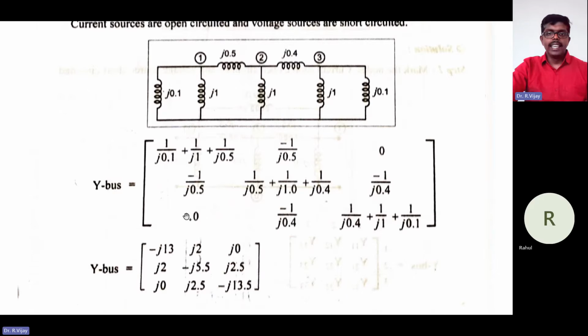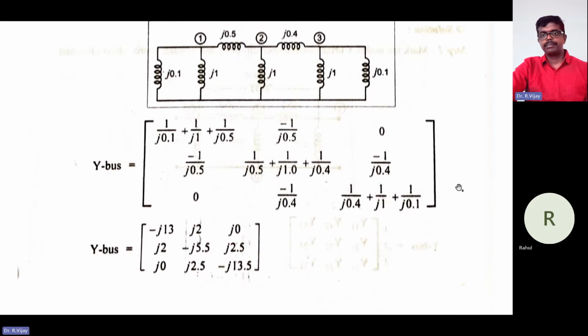Similarly, y31 and y13 are almost the same. y31 is not connected, so here also 0, here also 0. Next, y32 is minus 1 divided by j into 0.4.